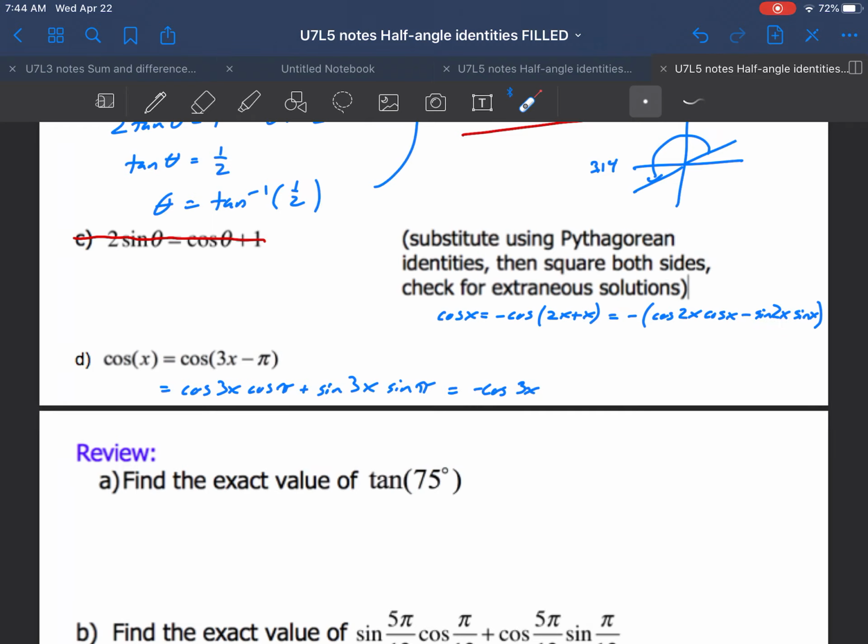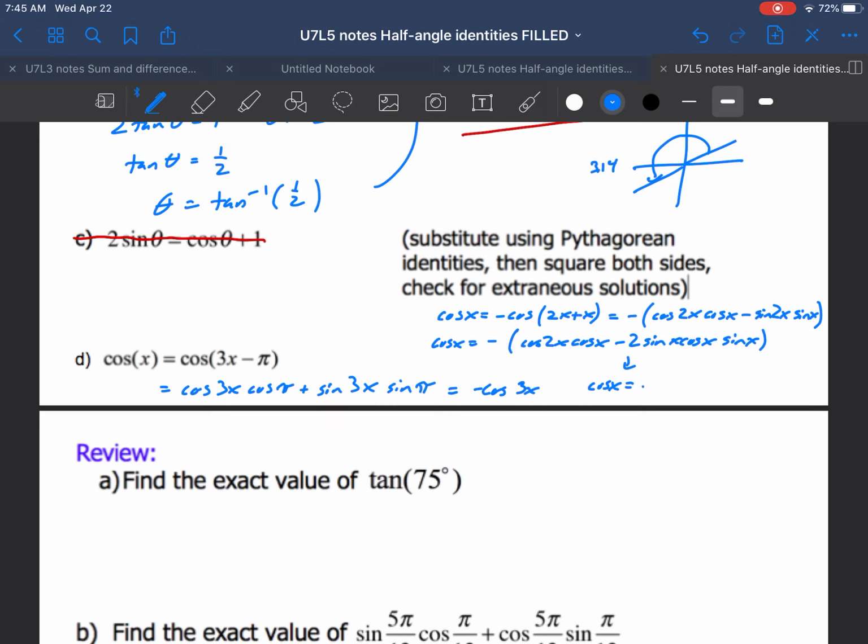And so I'm going to rewrite that so I can take this cosine x out. Okay. So we'll get cosine x is equal to negative, in parentheses, cos 2x cos x minus 2 sine x cos x sine x. All right? So this sine 2x right here, I'm writing as 2 sine x cosine x. And so now that cosine x can come out.